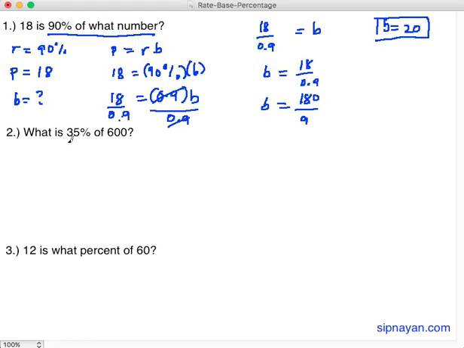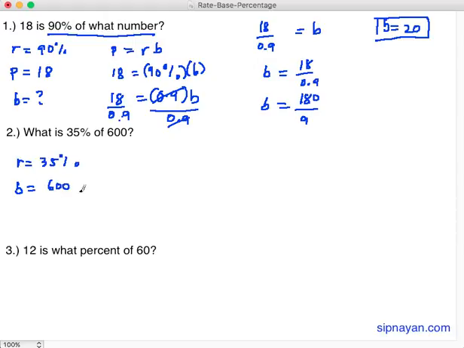Next, what is 35% of 600? Again, we have rate. Rate is 35%. Asan yung base? 35% of 600. Alin ang pagmumultiplyan natin ng 600? Yung may word na "of". So, 600 is the base.